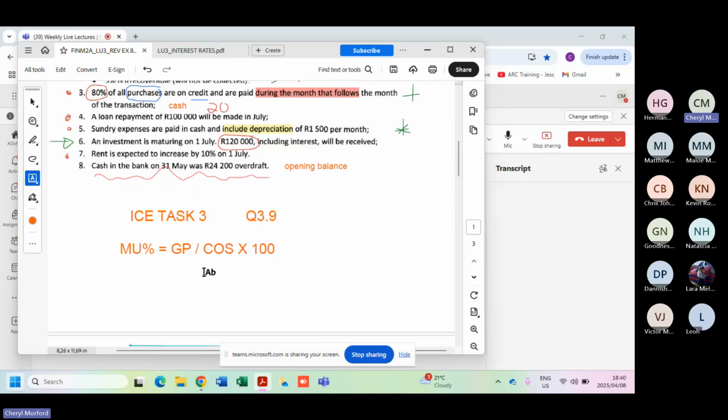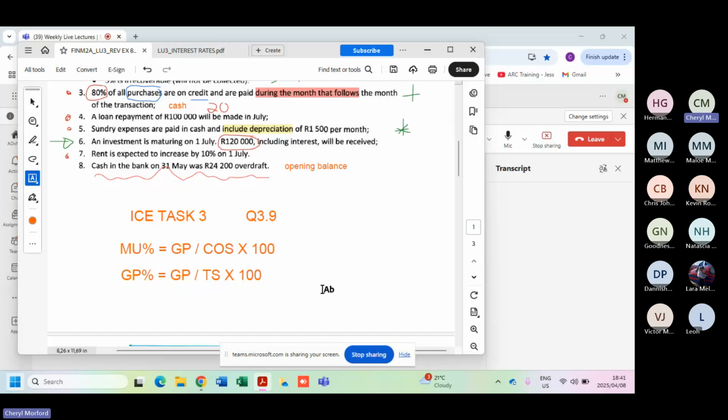But I'm going to suggest that you actually take the other route, and everybody did this in the task. How do we find, can anyone remember, the GP percent? Gross profit over the sales. That's it. Well done. So gross profit over total sales times 100 will give me the GP percent.